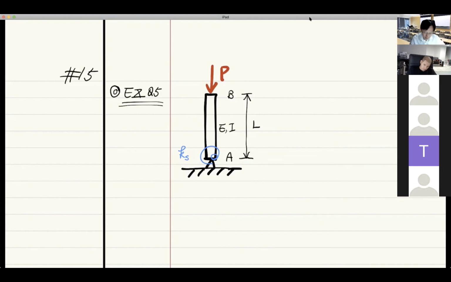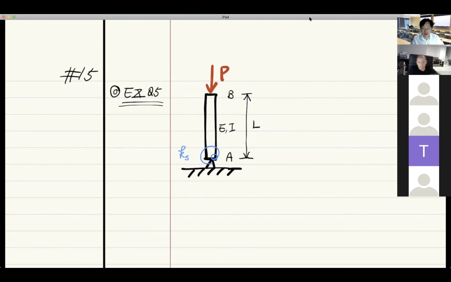And what does that mean? That means this is the case when there's no internal moment. But when there's an internal moment, do you think that would change the configuration of this column or not? So my question is this. Before, we never considered any kind of imperfection.